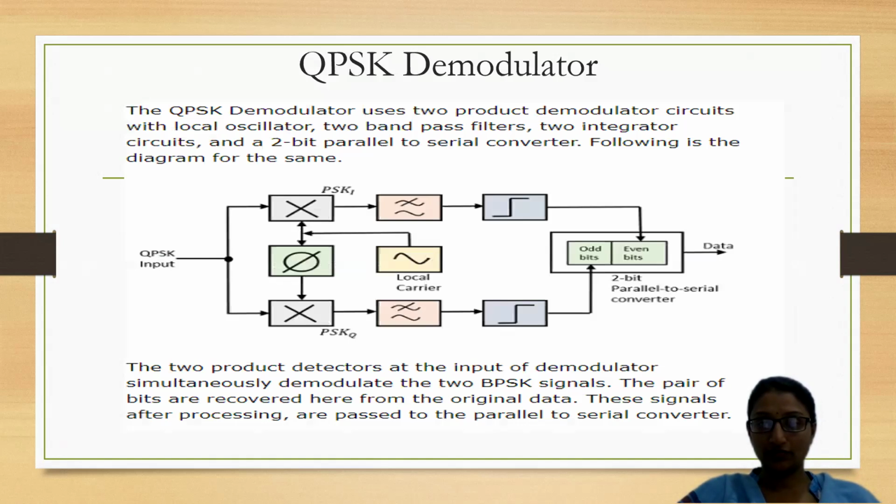The other input is taken from the local oscillator, and further it is given to a band pass filter so that the pulse is shaped. And if that signal is given to an integrator, then you get the even bits and odd bits in parallel. Again, we need to convert that parallel data to serial data.